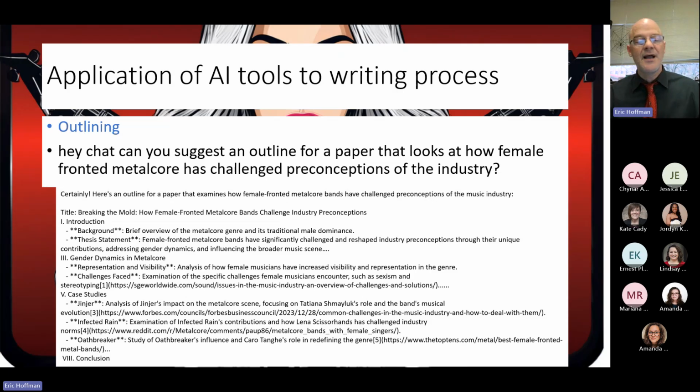So you can see here, I've truncated this so that it would fit onto a slide. It was actually much, much longer than it is right now. But introduction, and then going through some definitions and gender dynamics, going through some case studies, and then going to a conclusion. Yeah, that's exactly what we would want this structure to look like, at least in broad strokes, right?